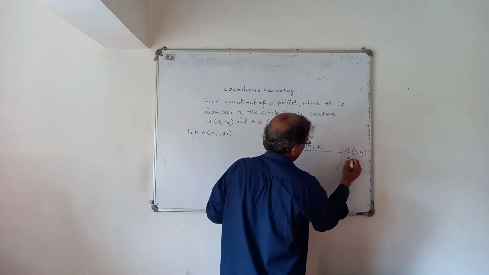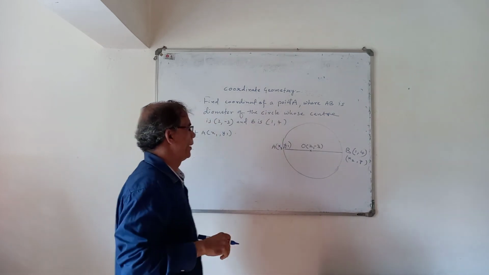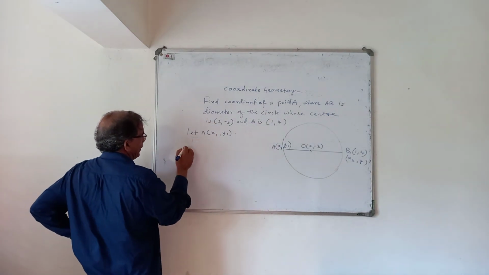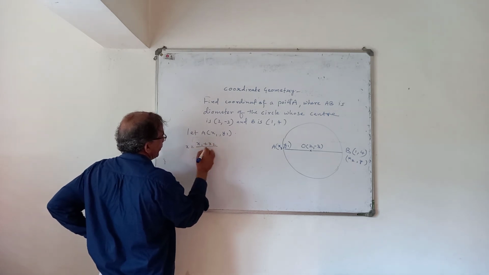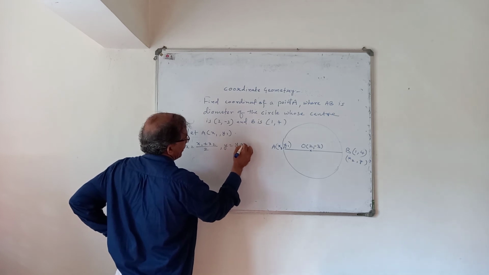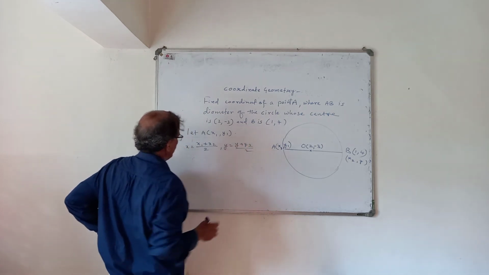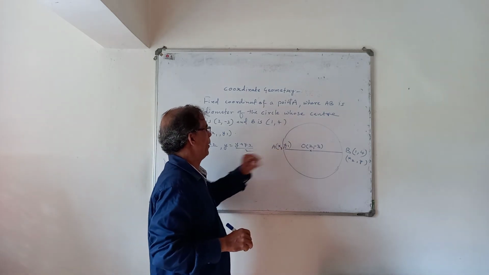This is what? x2, y2. And we know the coordinate of the midpoint. And what is our midpoint formula? X is equal to x1 plus x2 upon 2. And y is equal to y1 plus y2 upon 2. And now we want to find x1 and y1.